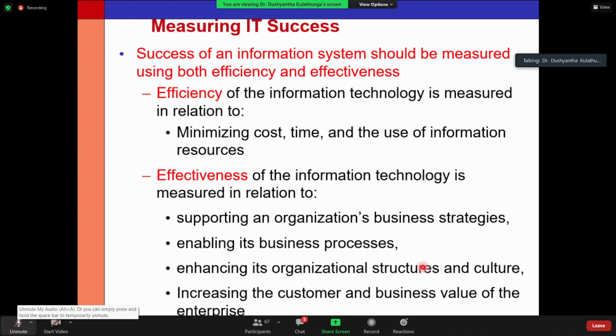And there can be some stakeholder value of the stakeholders for the company. Likewise, there can be different other values incorporated under business value.